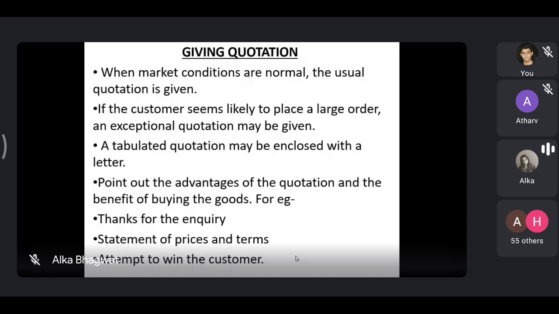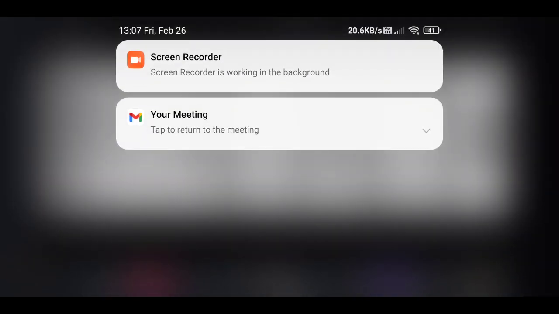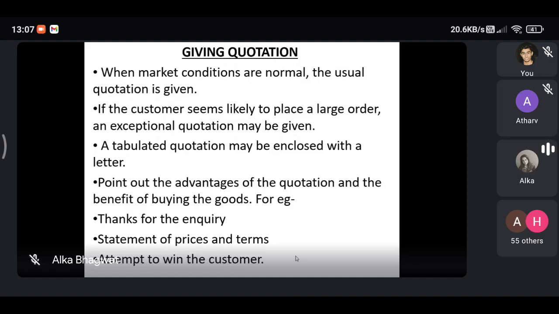This is how we have to think from the point of view of the profit of the hotel, and at the same time we have to win our customer over.